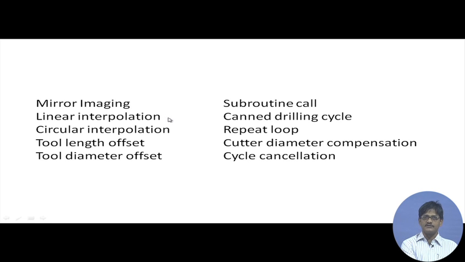Linear interpolation is very simple, we have already discussed it. Circular interpolation, we have already discussed it. Tool length offset means that each and every tool used on the machine is not an integral part of the machine. So the machine has absolutely no idea what the length of the tool protruding outside the spindle is after mounting it, and what the height of the job being done at present is.